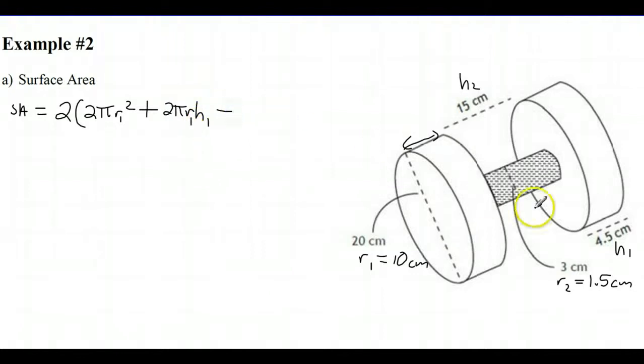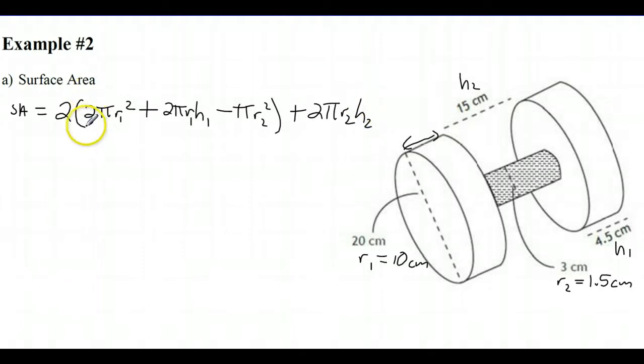And from that, we need to subtract this little circular area here, which is pi r squared, but that's R2 squared. Okay, so that covers these two guys. Now we need the lateral surface area here. So we're going to go plus 2 pi R2 and H2.